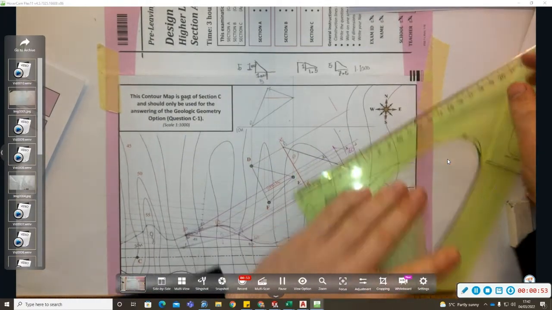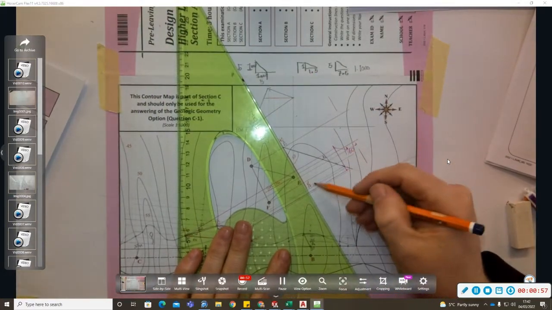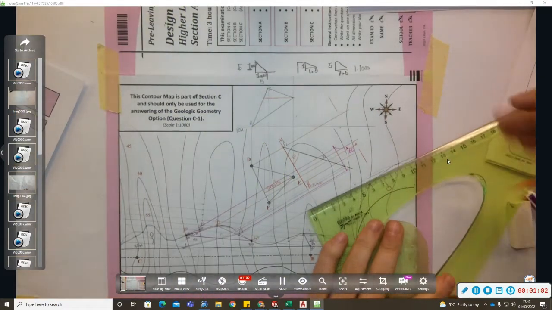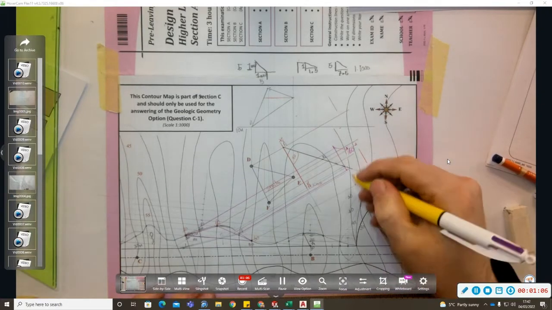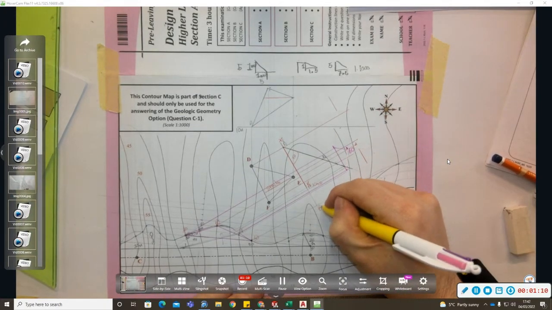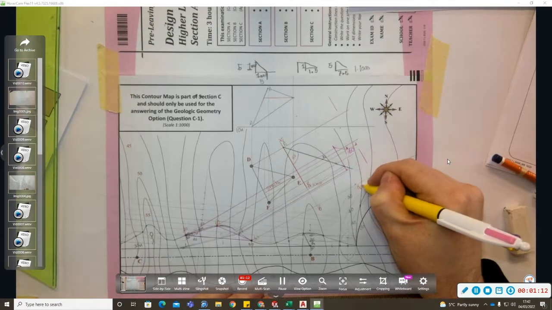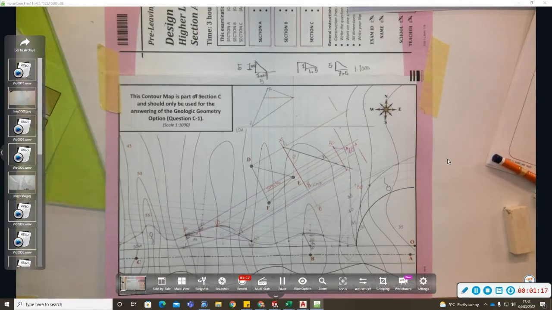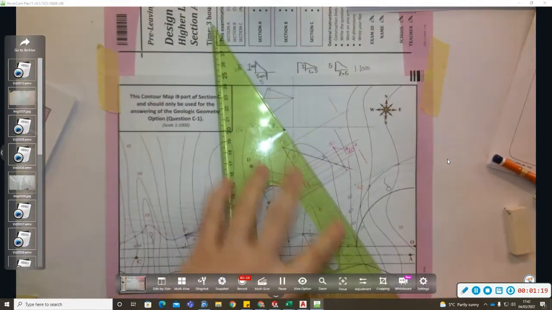And then 40 and down here 40 as well. Right, so here I've got 50, 50, and 60. Now I'm going to join them together.